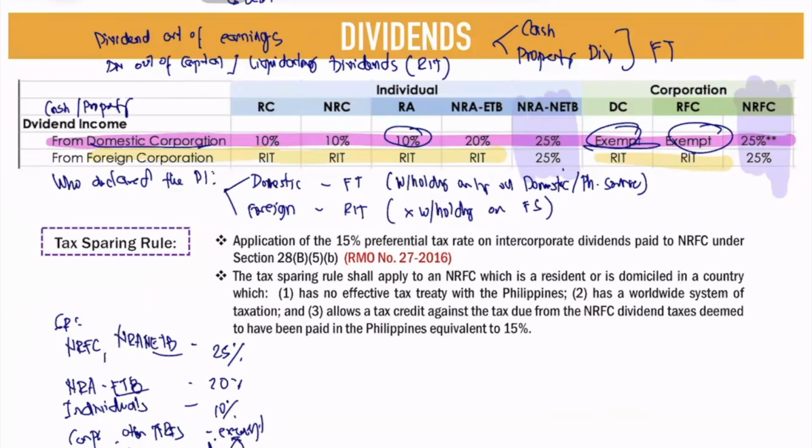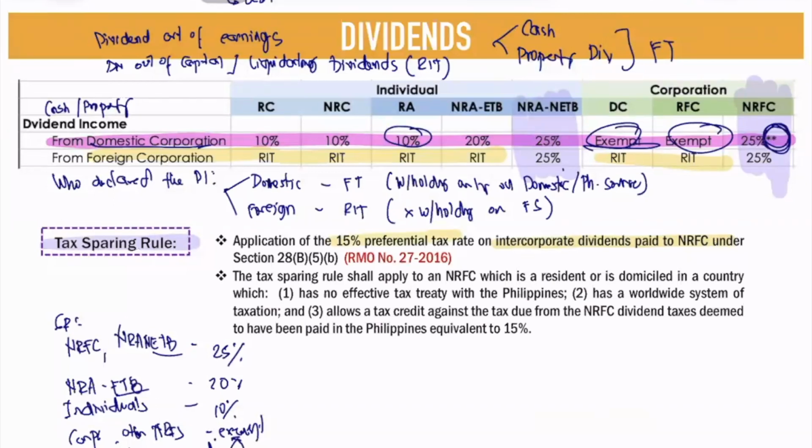Now we go to your tax sparing rule. If you look at this one, there's a double asterisk here in your NRFC. So under NRFC, we have the concept of the tax sparing rule. So what is that tax sparing rule? If ever there is an intercorporate dividend paid to NRFC, it is subject to 15% preferential tax.